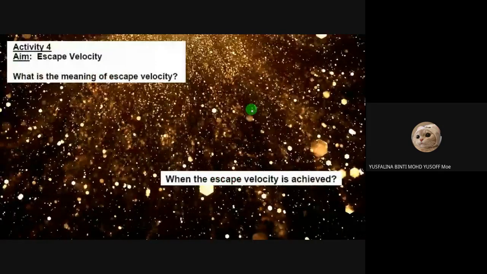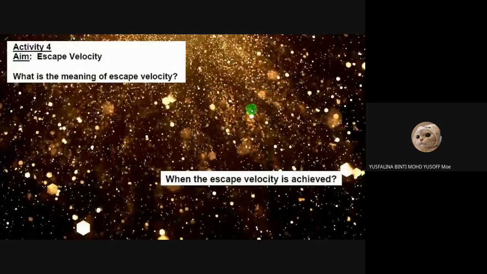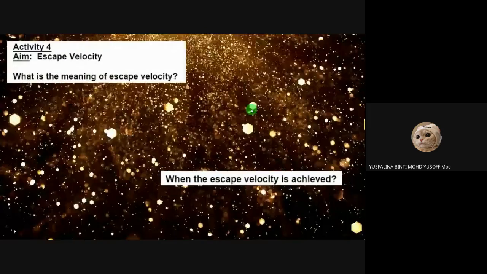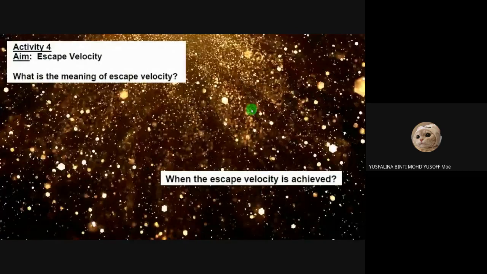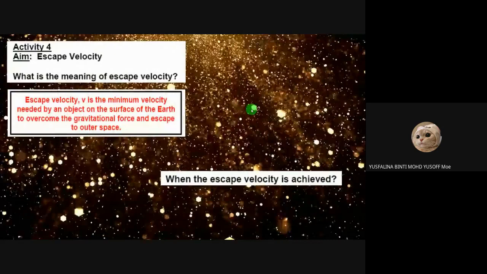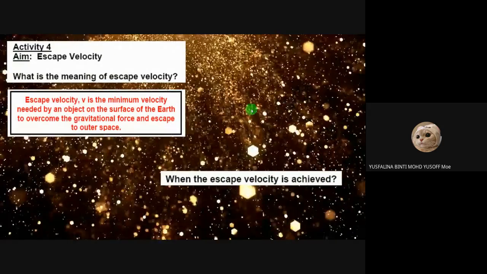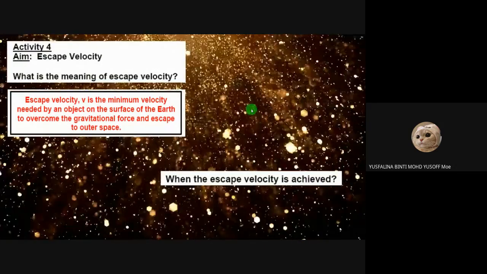Okay. So next we see about the escape velocity. What is the escape velocity? Okay, for the rocket, right? Before we launch the rocket, we need to calculate the escape velocity. The escape velocity is the minimum velocity needed by an object on the surface of the earth to overcome the gravitational force and escape to outer space.